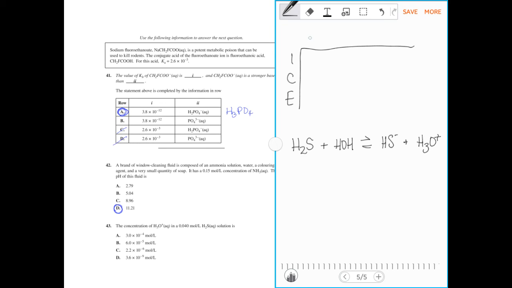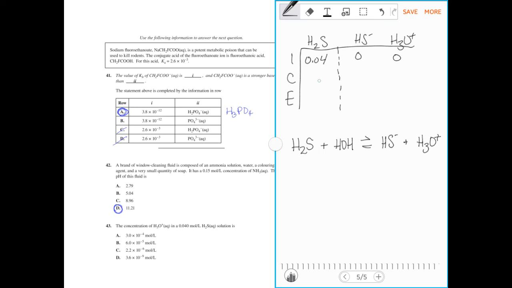When I go to put this into my ICE table, I have my H2S, my hydrogen sulfide, and my H3O positive.